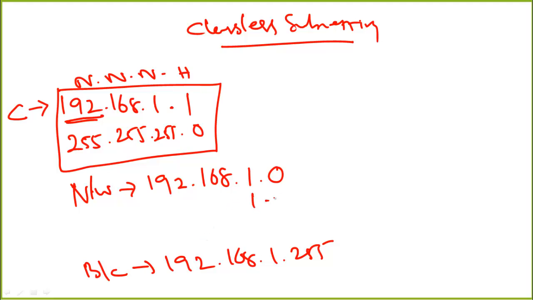In between you will have 1.1, 1.2, and it will go on till 1.254. These are all the usable IP addresses. So here we have not done anything. All we have done is find out the different usable IP addresses in this subnet.